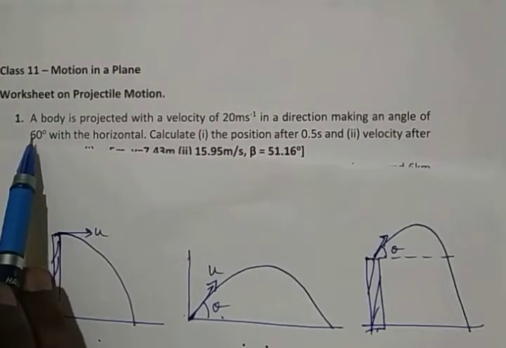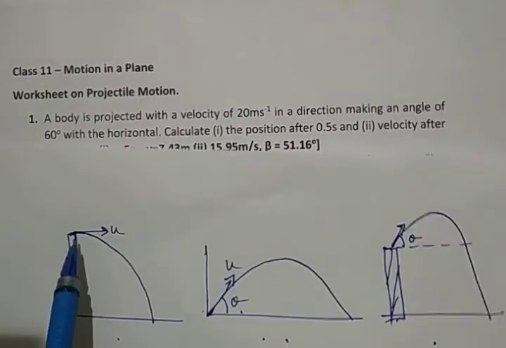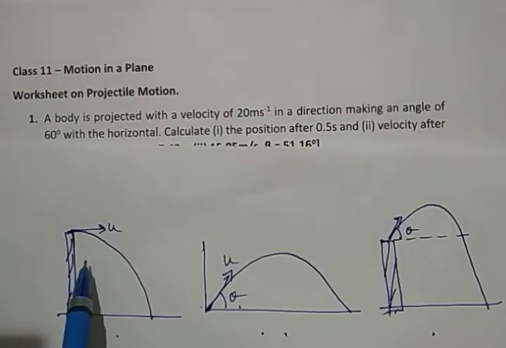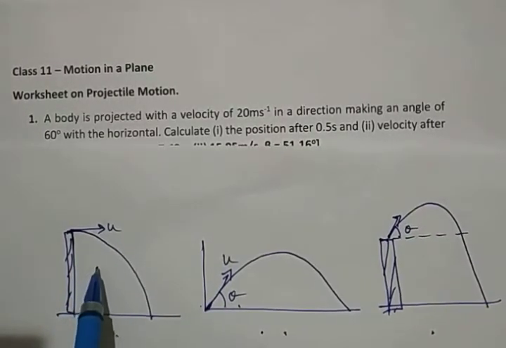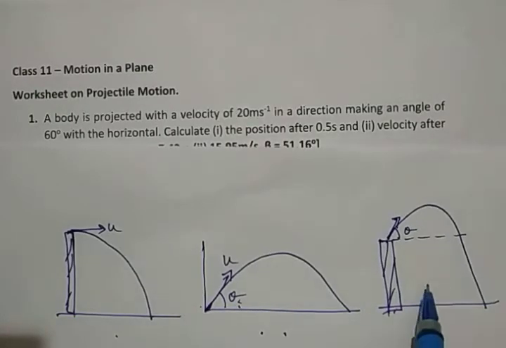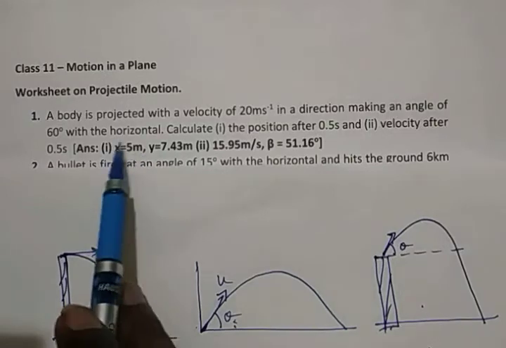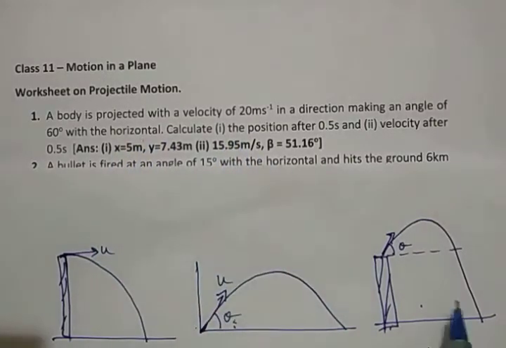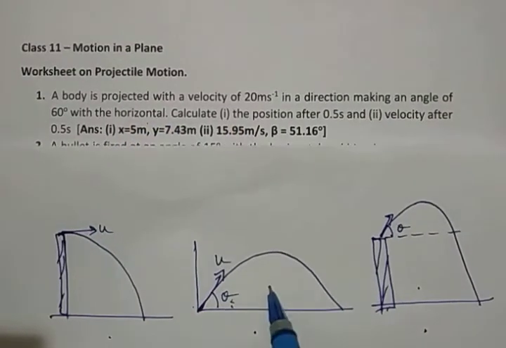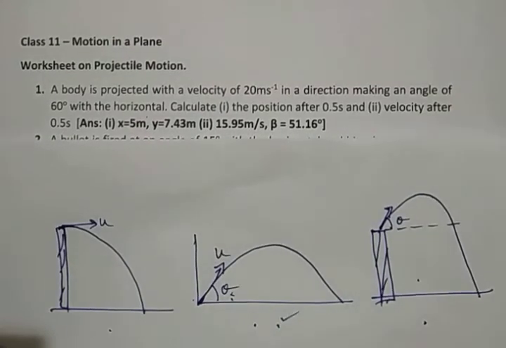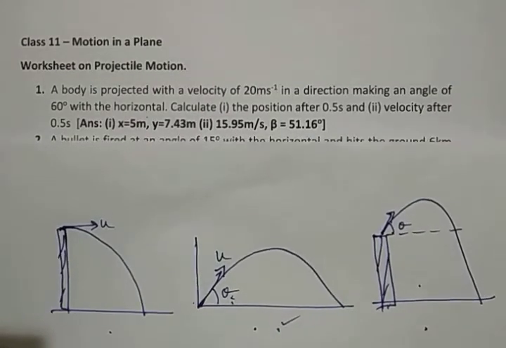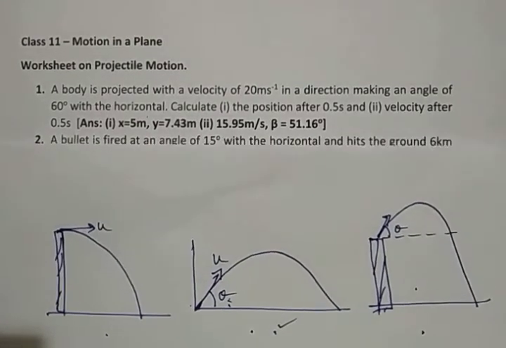If an angle is given, that means this is not the horizontal one, since there is no angle involved in that projectile. So it is either this one or this one. Also, there is no height given here, so it is not the projectile from a height. So it is going to be the angled projectile that comes under this question.